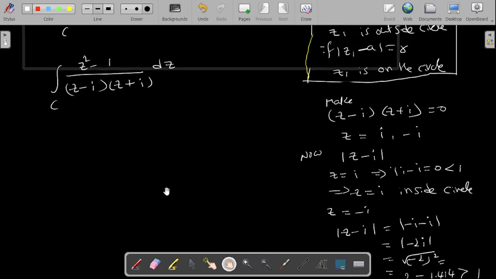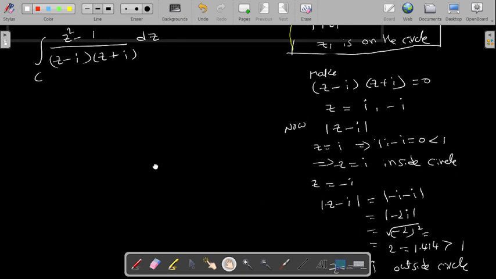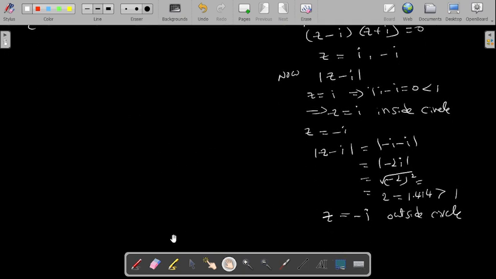Now what we have to do: for the point that is outside, the related factor you take into the numerator. Here z equal to minus i is outside the circle, so the corresponding factor, the z plus i factor, you take into the numerator.